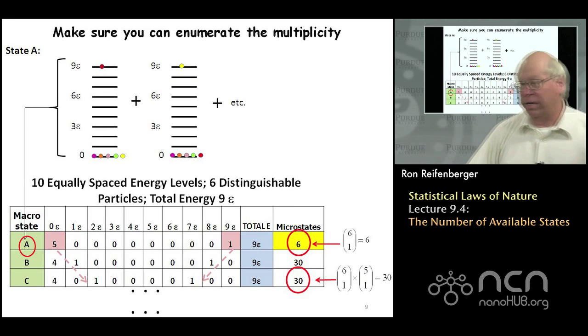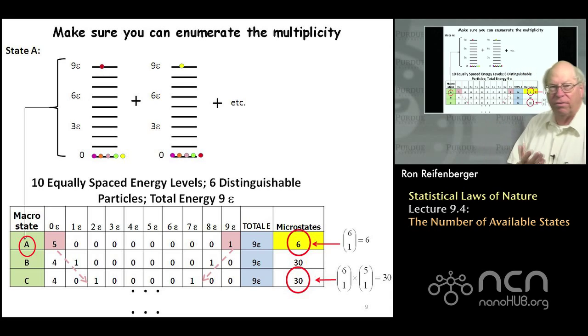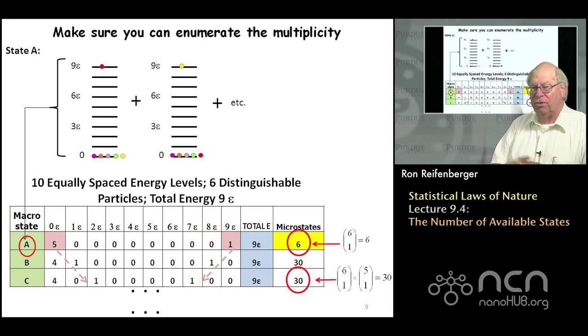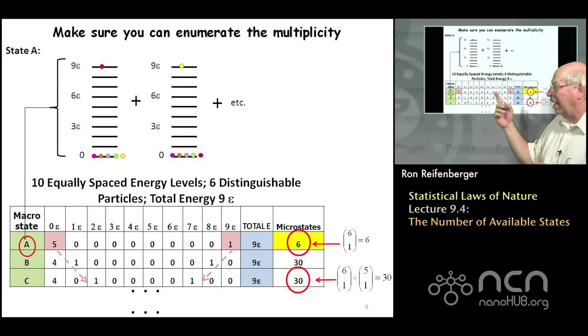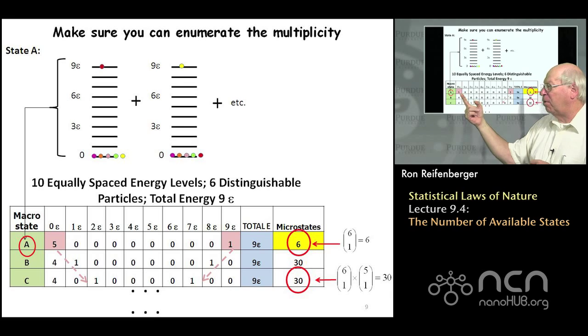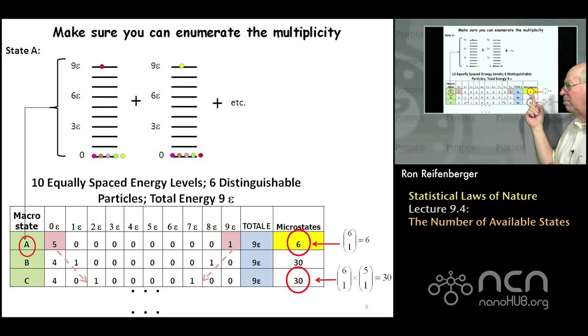It's kind of important that you know how to calculate the multiplicity of these states. So just to reinforce that concept, I copy the first three states in the previous slide over here, and I list the number of particles in each state, and then I show you how to calculate the multiplicity of that particular state.